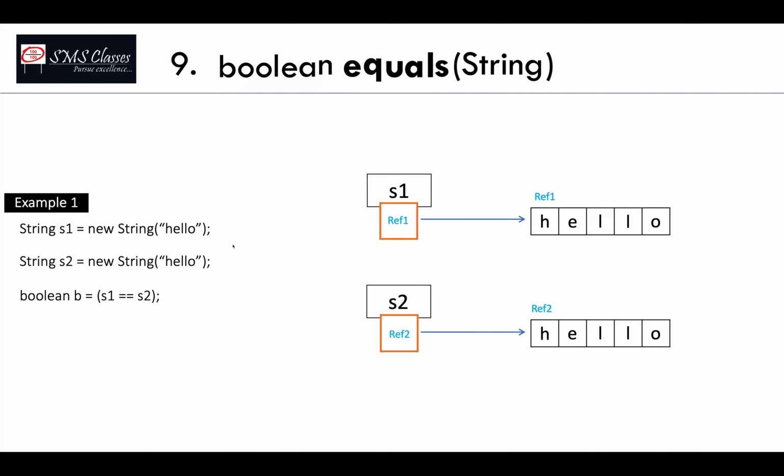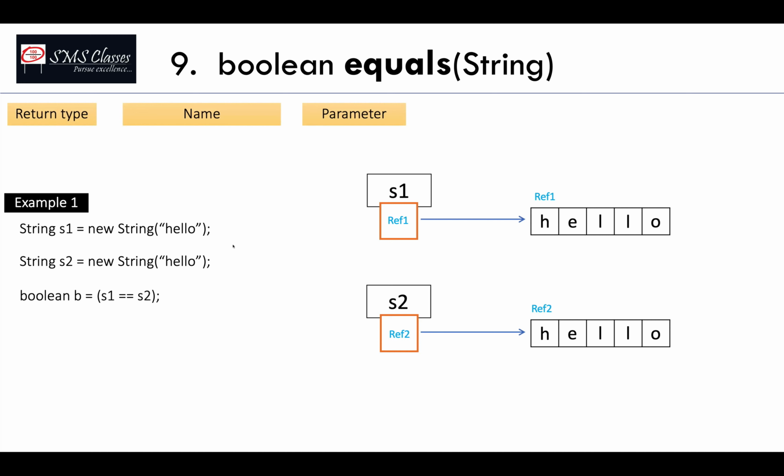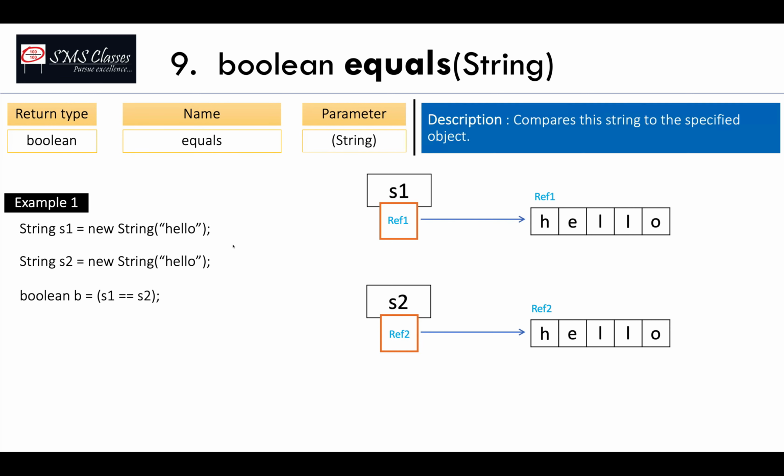Hence for object comparison, we use equals. So equals is the method name, parameter is string, return type is boolean. So if we write s1 dot equals s2, it goes to each and every character and checks whether they are equal or not. And when all the characters are equal, it returns true.